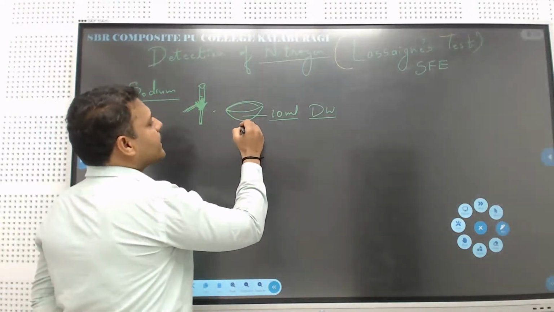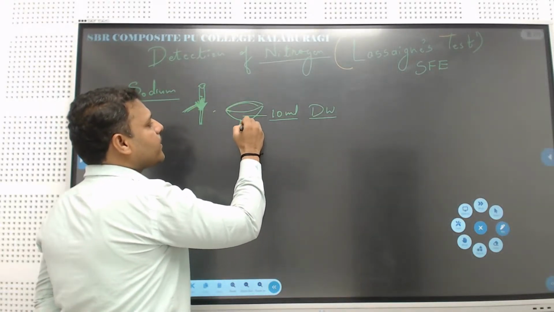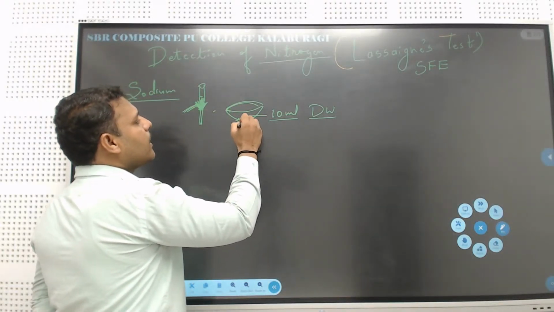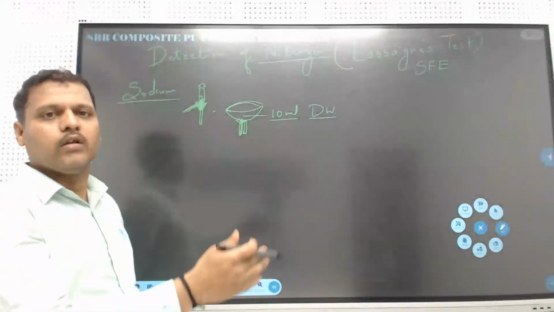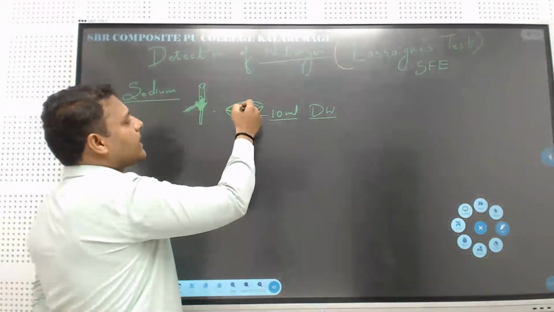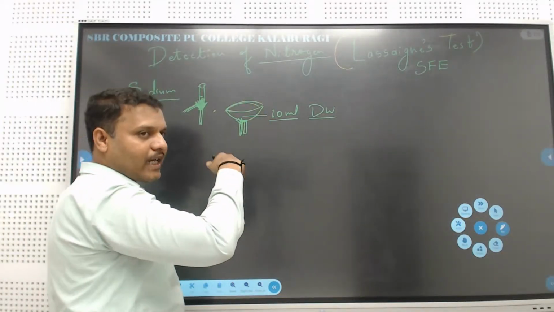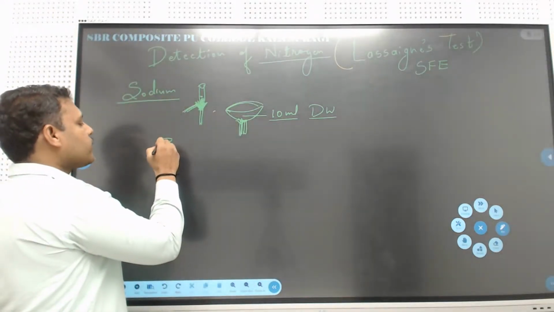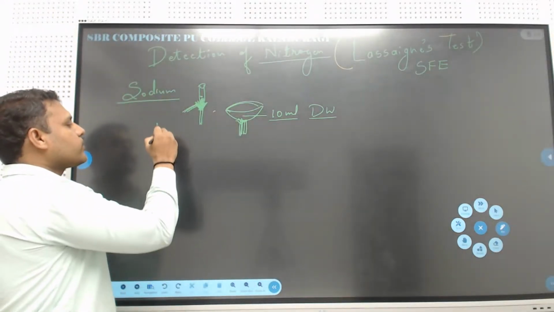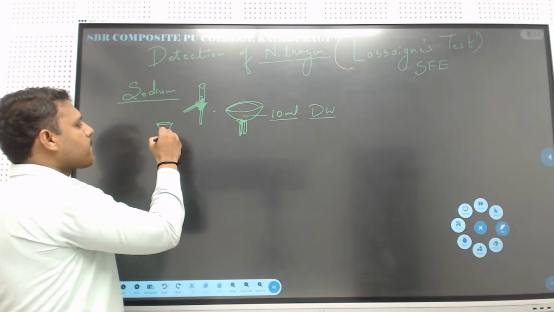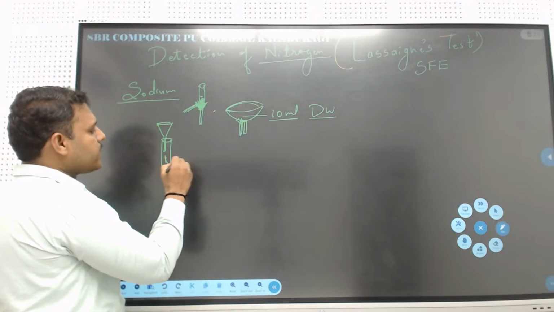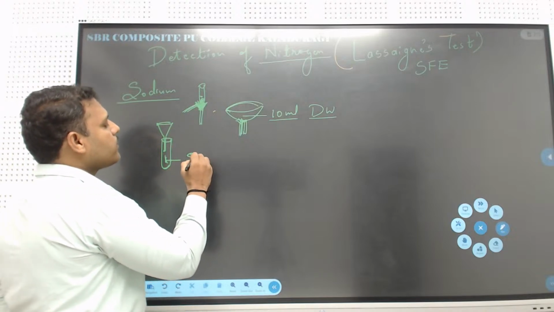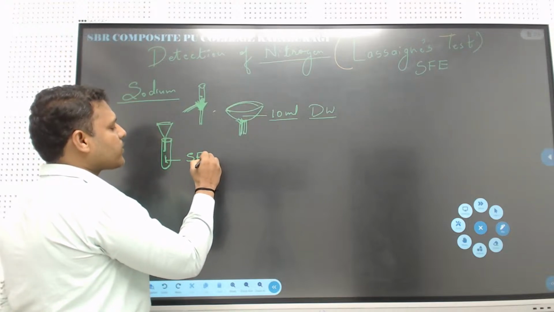And now the contents are again heated on the Bunsen burner, and after heating for a couple of minutes, the contents of the china dish are transferred into a test tube by filtration. Now the filtrate is called sodium fusion extract.